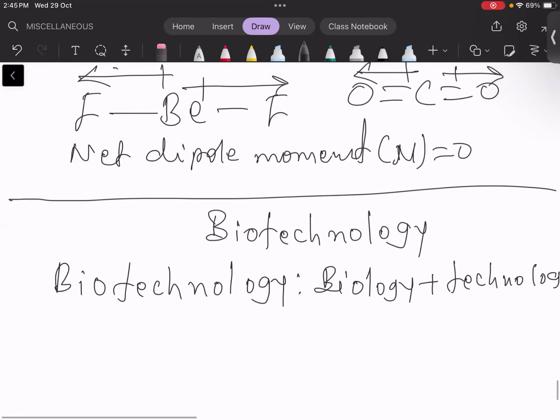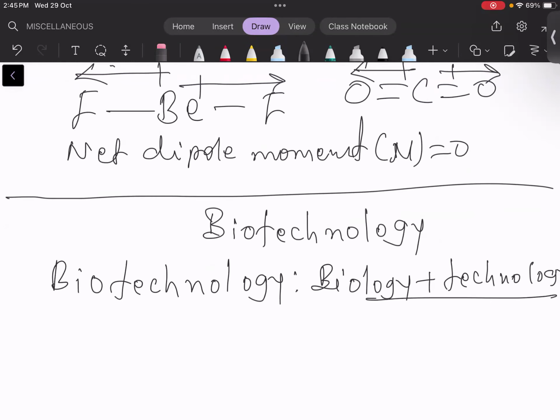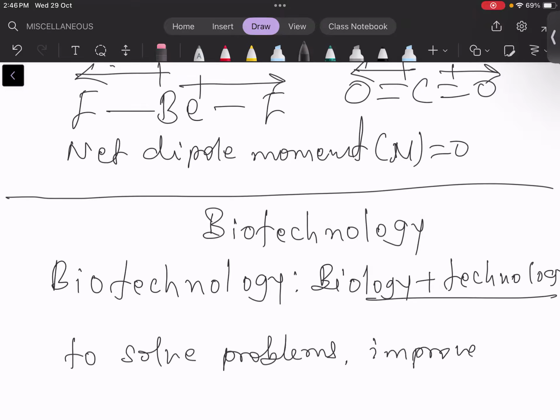So these two words are used to solve problems, improve lives, and protect the planet.